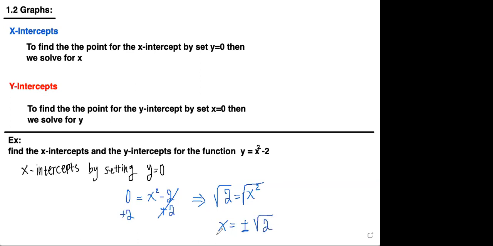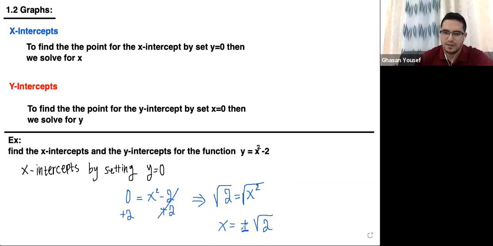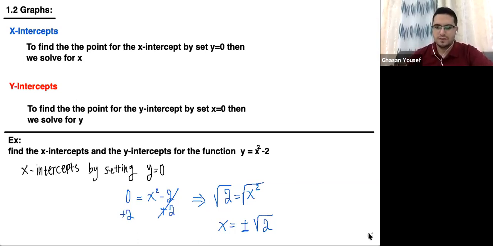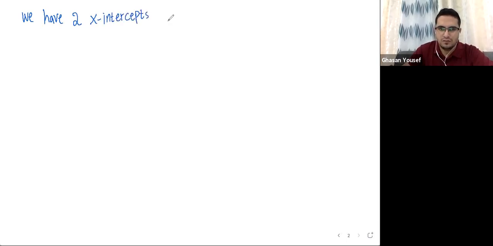So we get two x-intercepts. The first one is x equals the positive square root of 2. The second point is x equals minus square root of 2. So again, here we have two x-intercepts: x equals square root of 2 and x equals minus square root of 2.